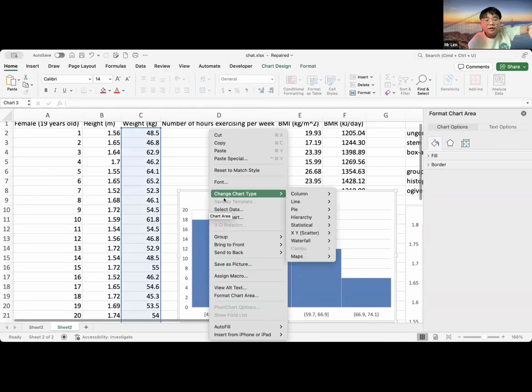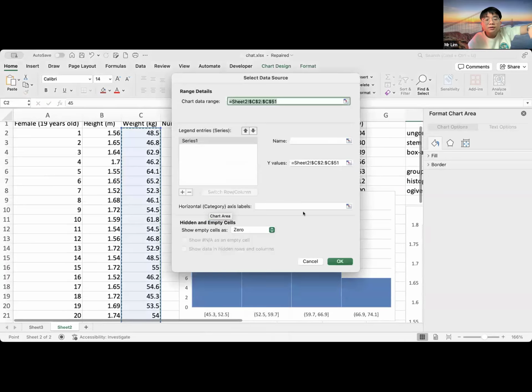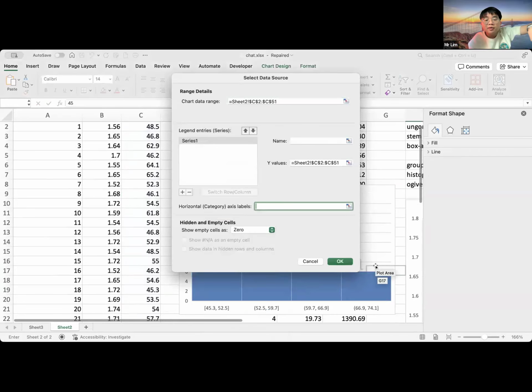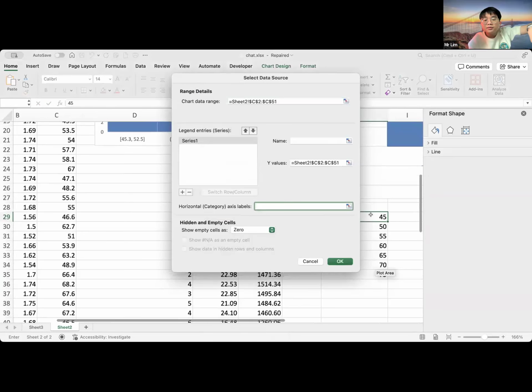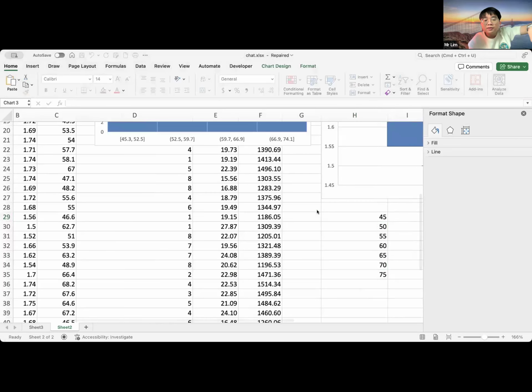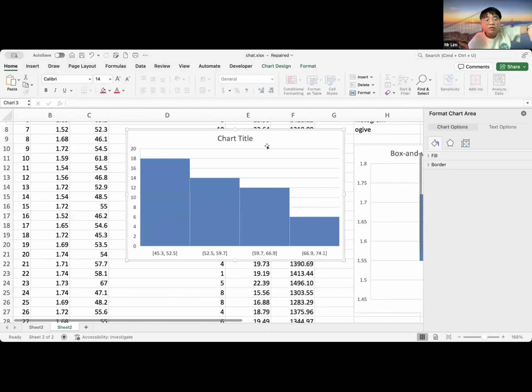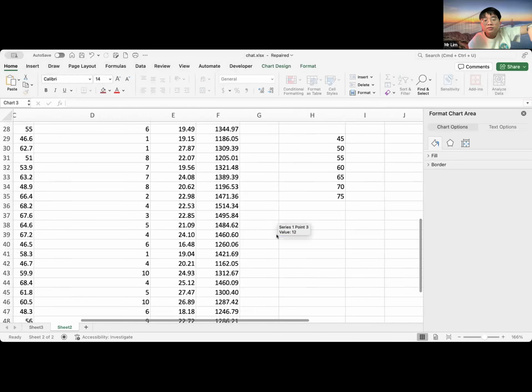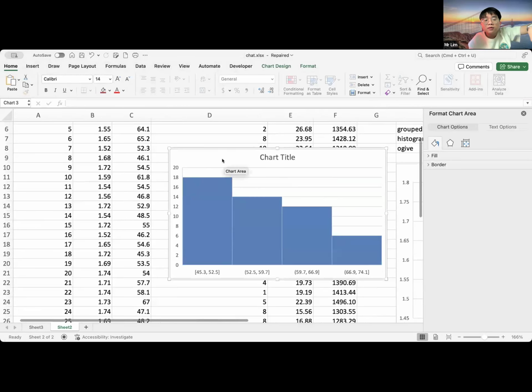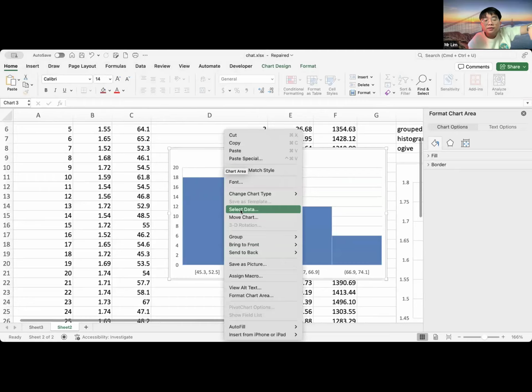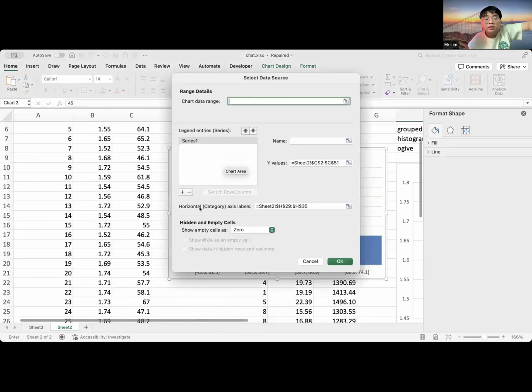Let's try it. Select data. Well, I think this label, we can add this. Oops, sorry, this. And let's press OK. Do I have any changes here? I don't see any changes. The horizontal category axis is this.